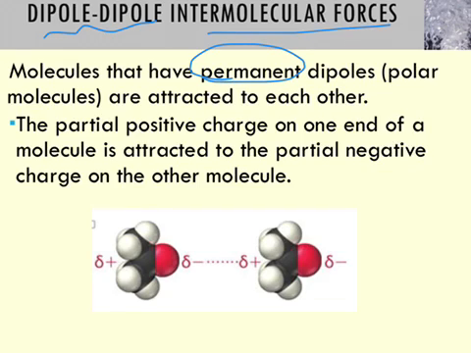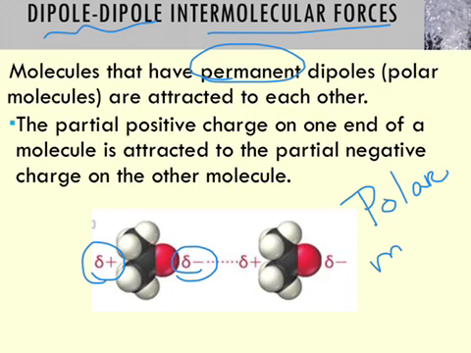Those occur between molecules that have permanent partial positive and negative charges, permanent separation of charges. So if you remember from the first semester of chemistry, that would mean dipole-dipole attractions occur between polar molecules, because it's the polar molecules that have this separation of partial charges.